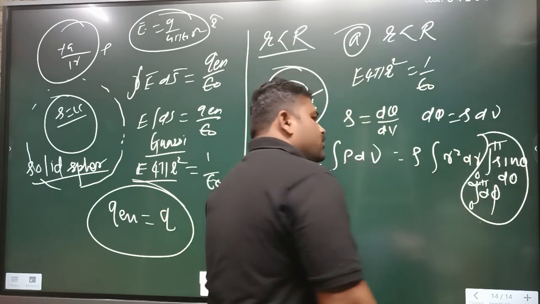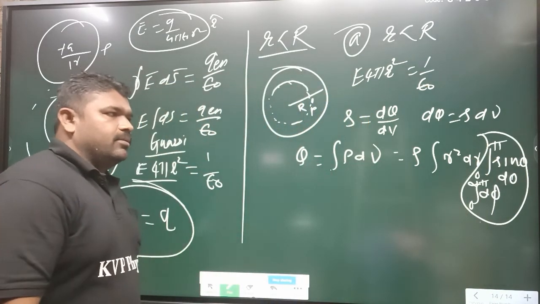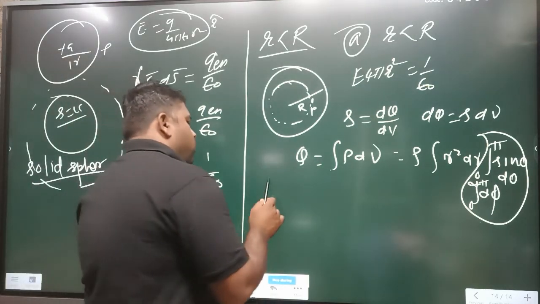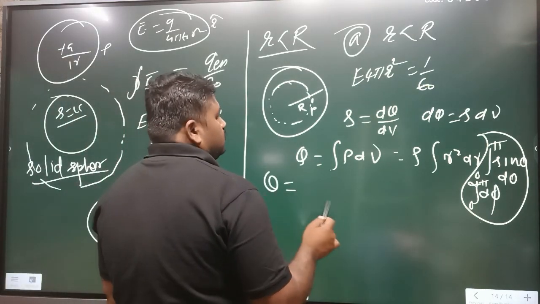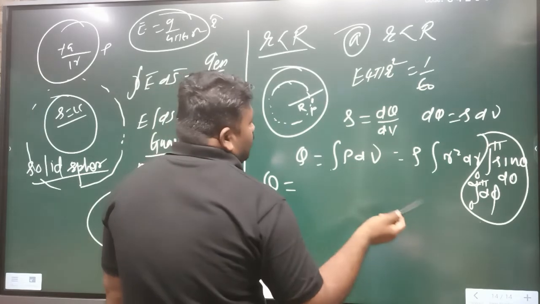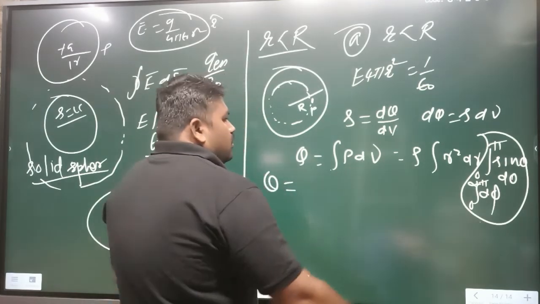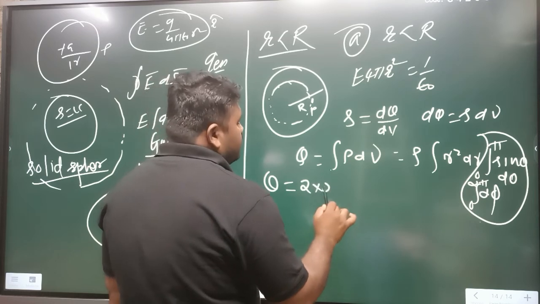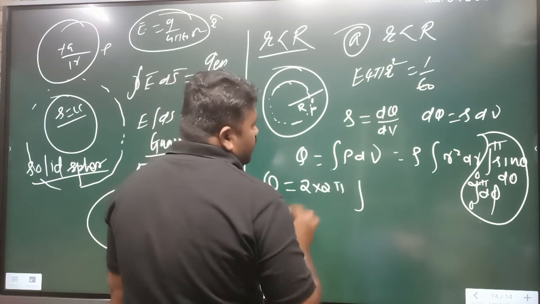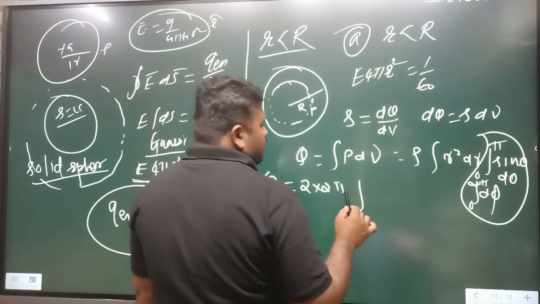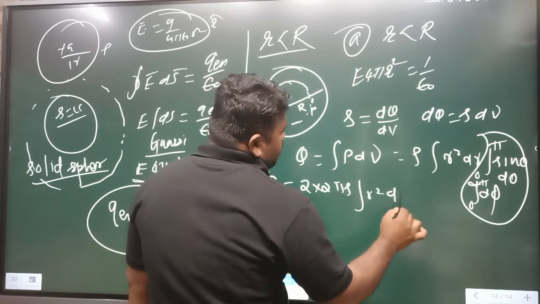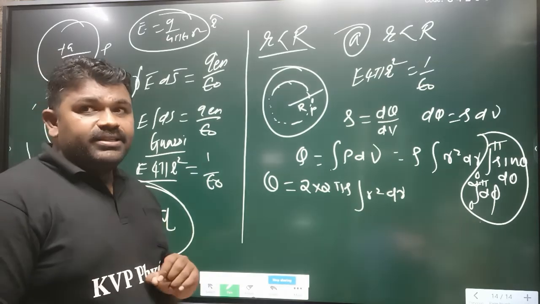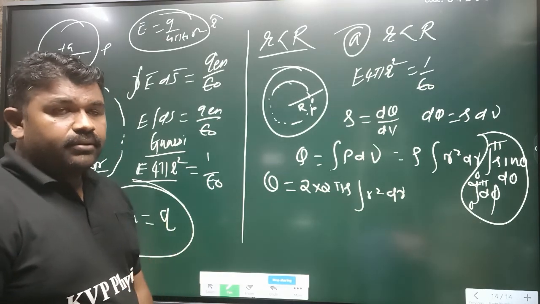This part is equal to how much? The sin theta d theta integration gives 2, and the d phi integration gives 2 pi, so the angular part is 4 pi. Into the integration of rho r square dr. Now this small r is varying from where to where?